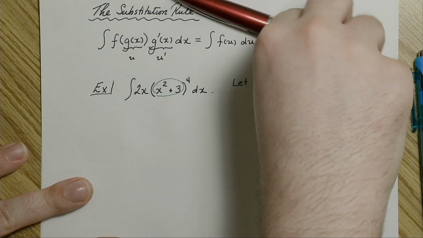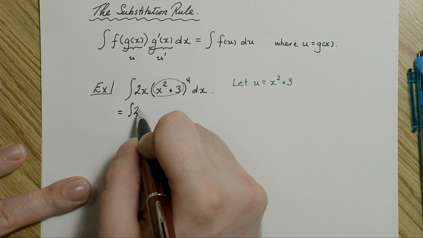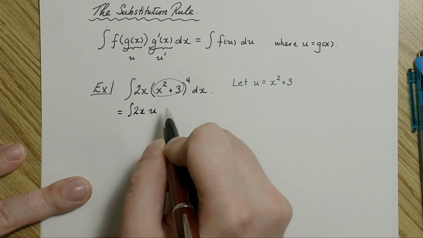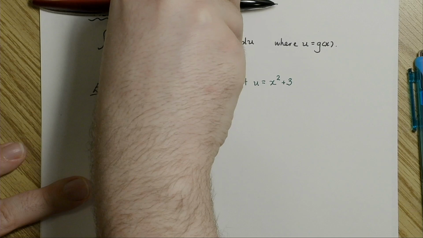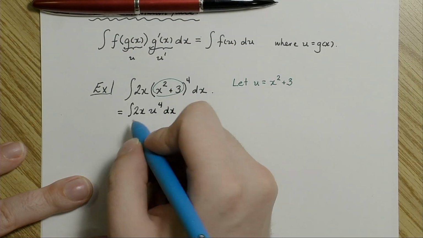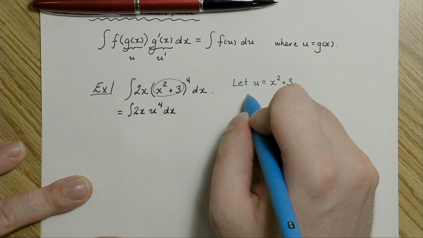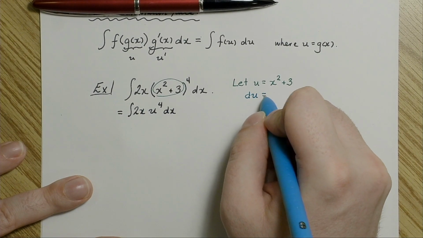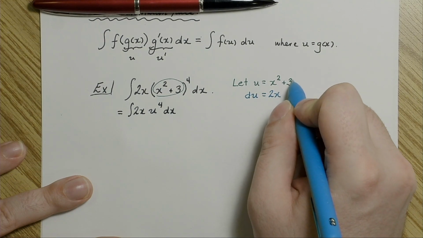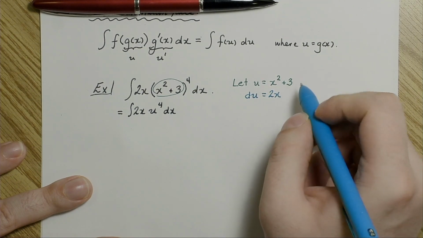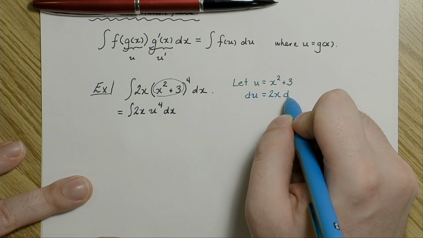Okay, so if I do that, what I get is the integral of u to the 4th dx. And I still have the 2x and the dx here, so differentiating it, what I get is du equals 2x. The 3 is a constant, so the derivative of that is 0. And then dx.